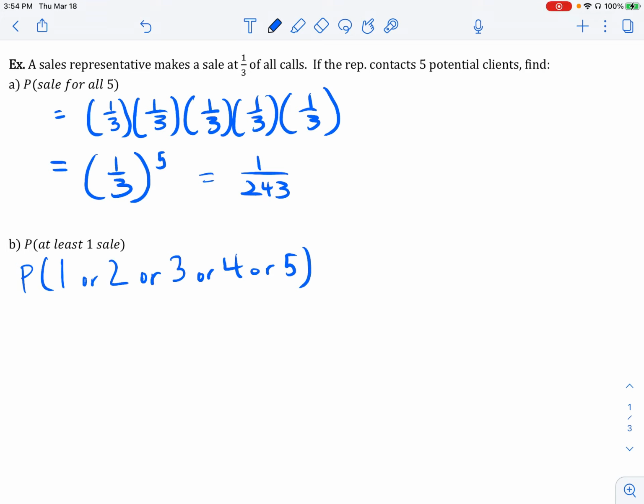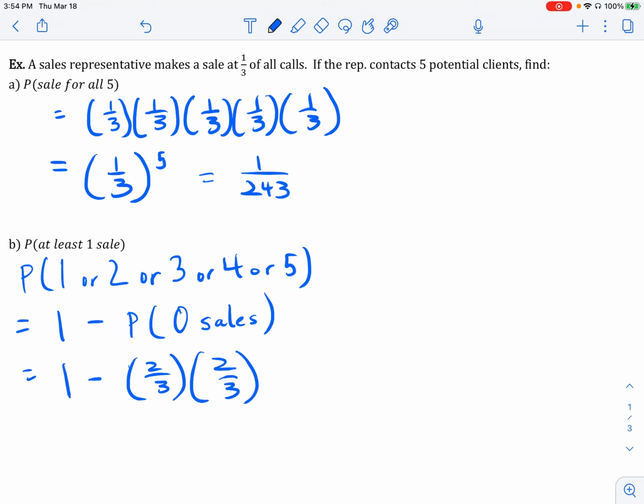We could leverage the idea of a complement here, because it might be easier to find the probability that this sales rep will make 0 sales and just subtract that from 1. In other words, subtract that from 100%. That's the complement. So what is the probability that this person doesn't make any sales? On the first phone call, their probability of not making a sale is 2/3. And on the second phone call, their probability of not making a sale is again 2/3.